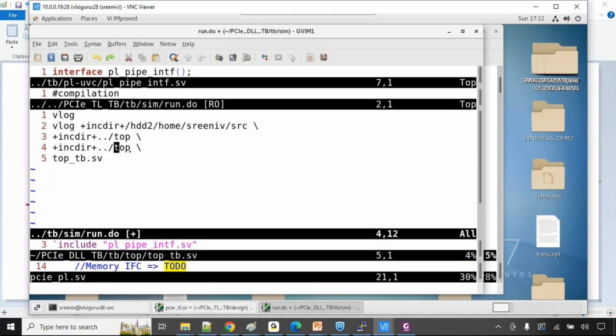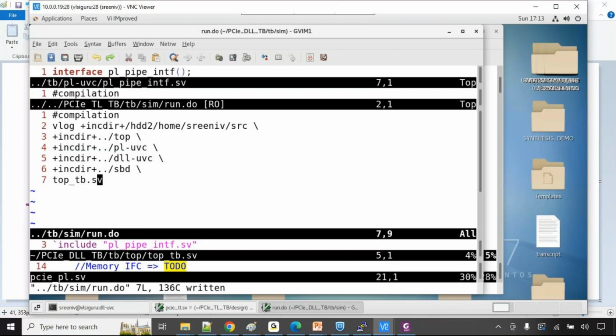What else do I have to include? The PL UVC, because that is where my interface is present. Then DLL UVC, then the scoreboard. Mostly this takes care of all the things. Then I don't need line number 1. This is compilation. Then comes the, so once the compilation is done, let's run this now once.